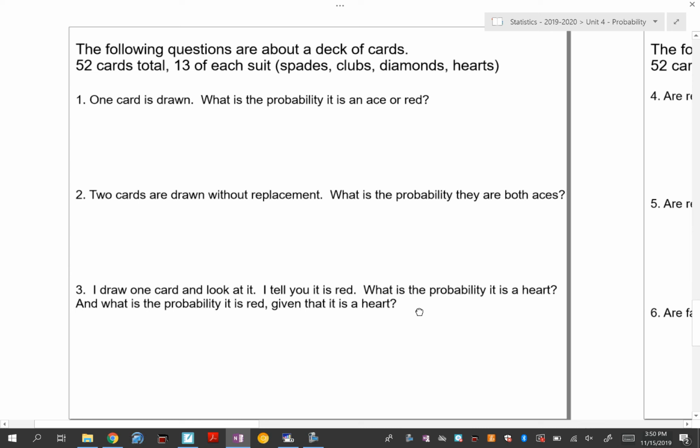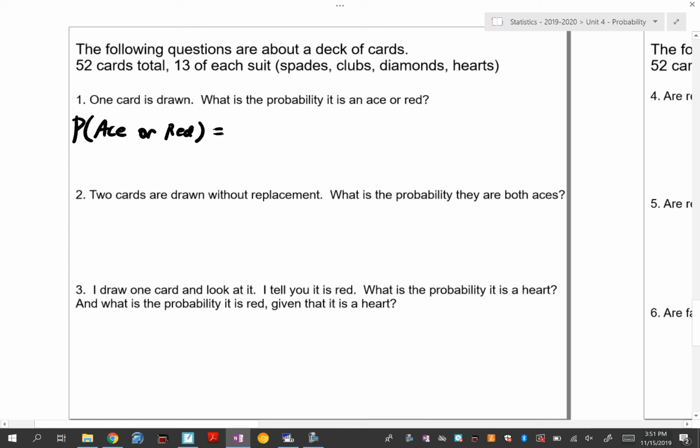Anyway, you draw a card. One card is drawn. What is the probability that it is an ace or it's red? An ace is just the card with the little A. You have all the numbers 2 through 10, and you have one of each of these suits.